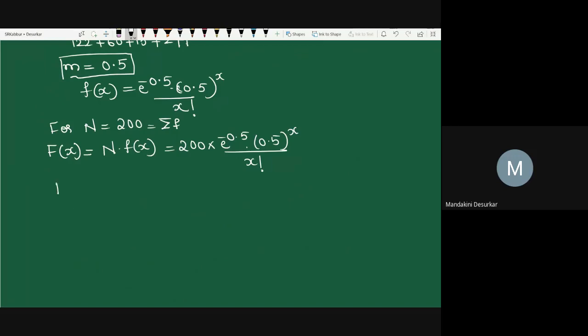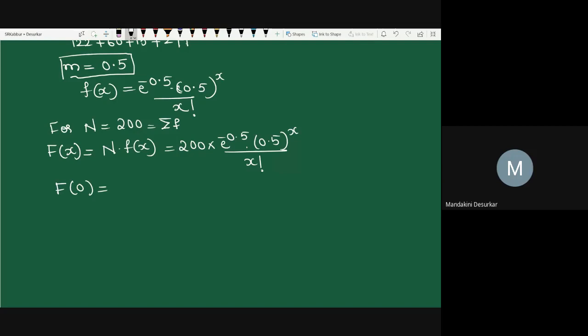So check what is f of 0 before that. Find 200 into e raised to minus 0.5 into 0.5 raised to x divided by x factorial.